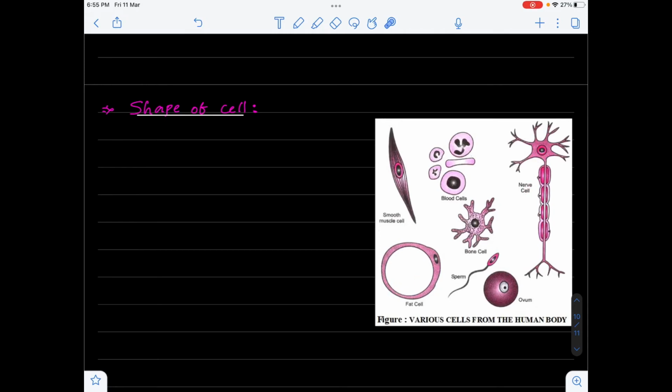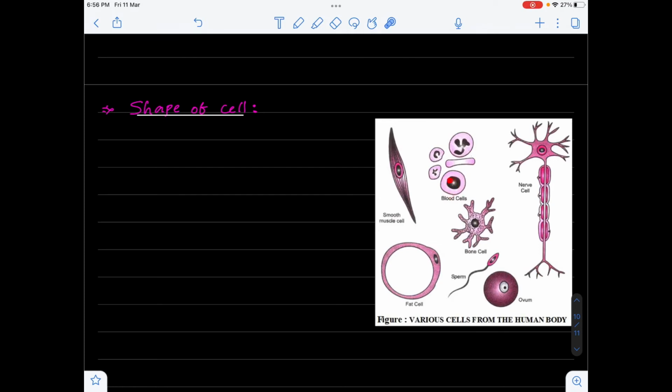For example, if you talk about these smooth muscle cells, they appear in spindle shape. Next, this fat cell appear in elliptical shape, ellipsis. It looks like an elliptical shape. And a sperm cell, it is with oval head with a tail. Ovum appear in spherical, whereas the nerve cell, it is elongated, structured with branches on both the sides.